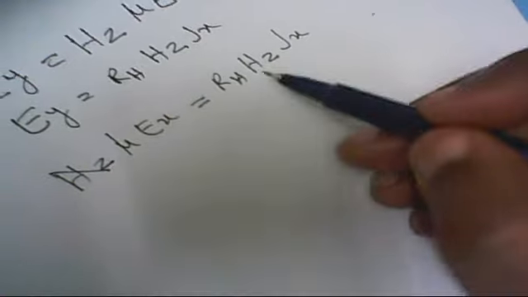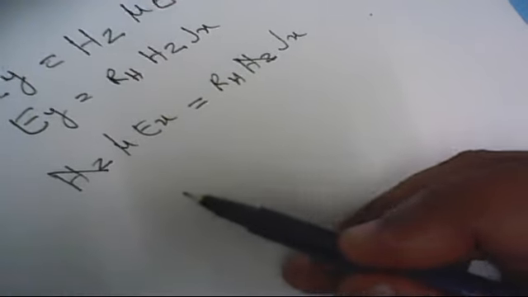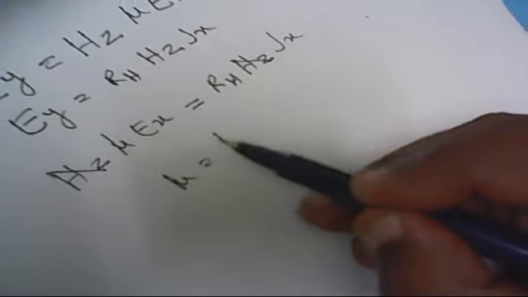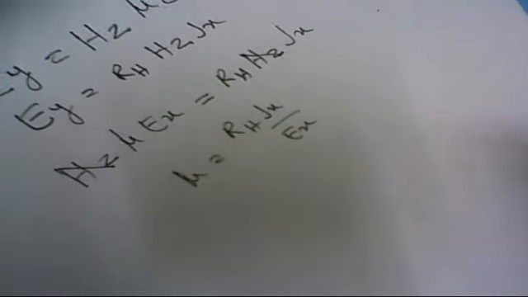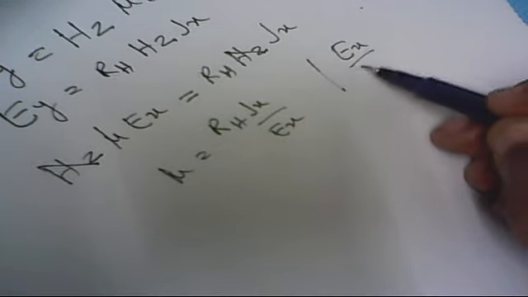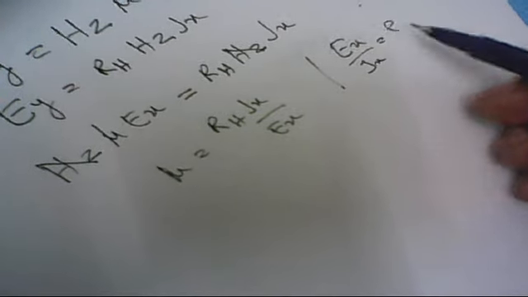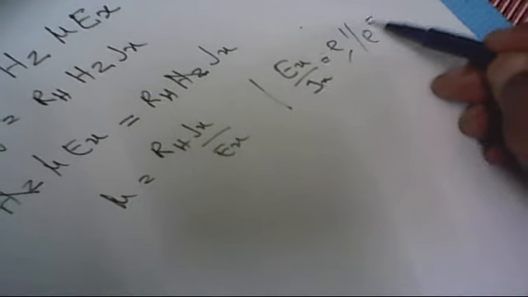We can cancel Hz. So mu is equal to RH Jx by Ex. Ex by Jx is resistivity, and therefore 1 over resistivity is conductivity.